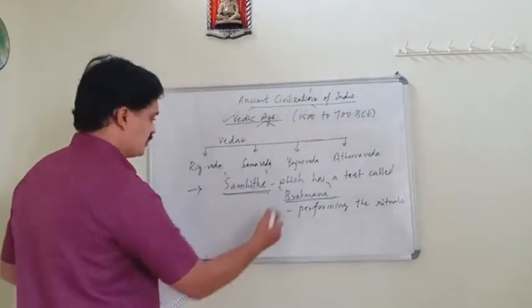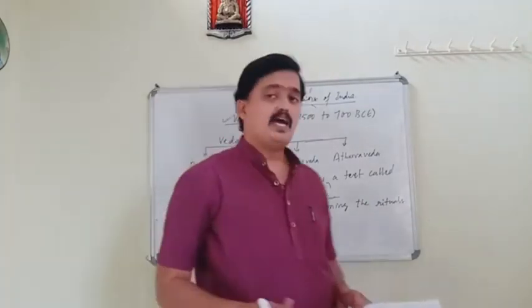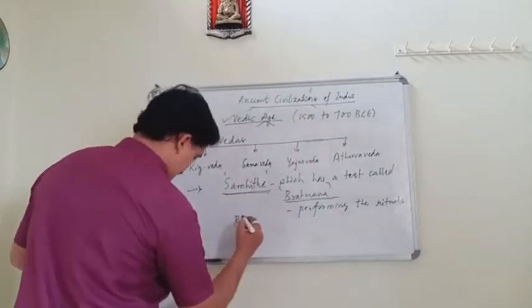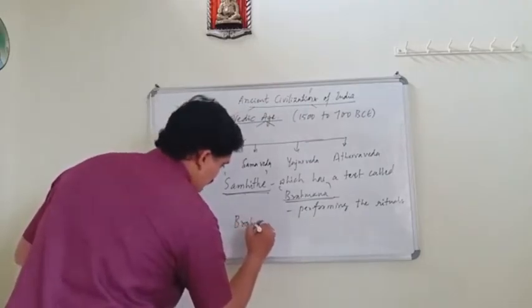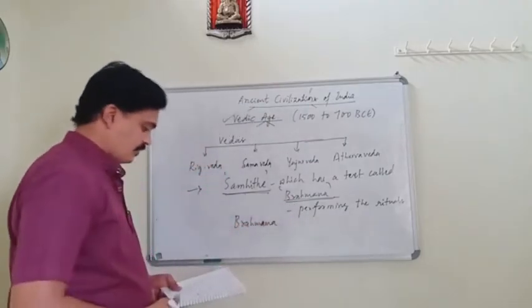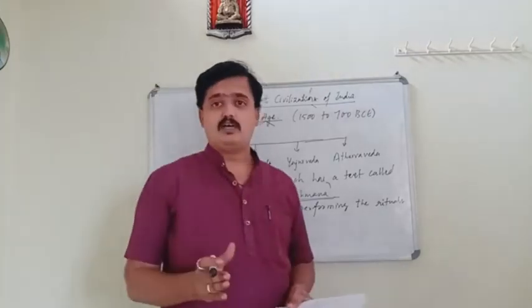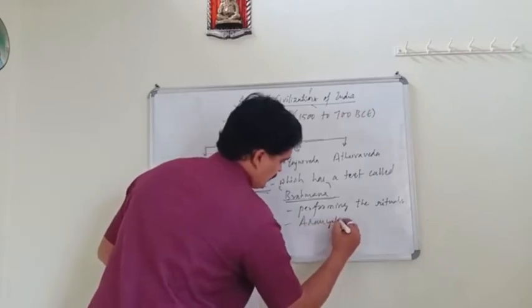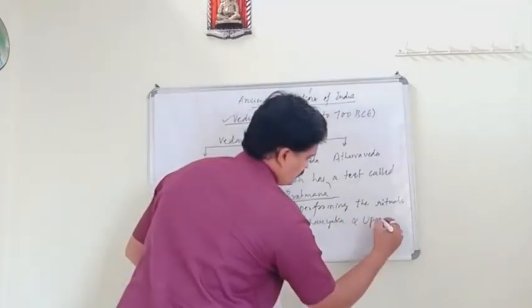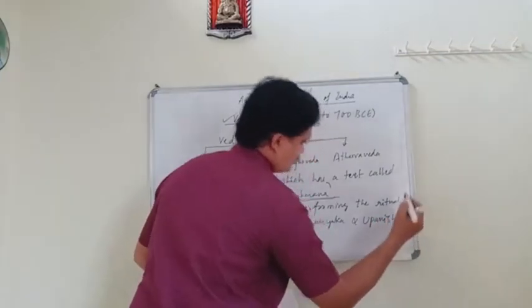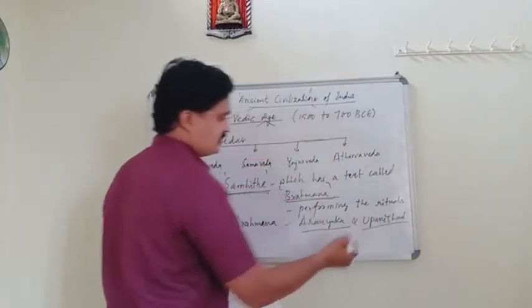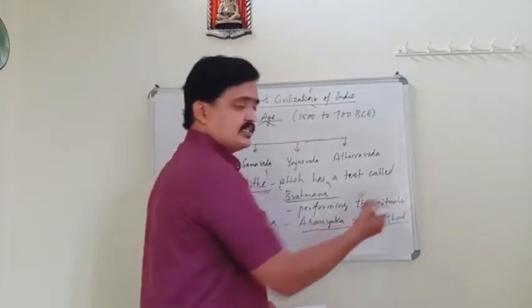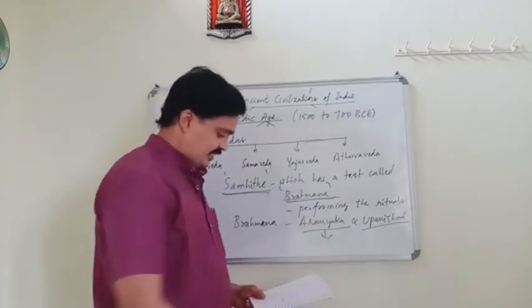And we have also known that every Brahmana has an Aranyaka and then an Upanishad. What is Aranyaka and what is Upanishad?